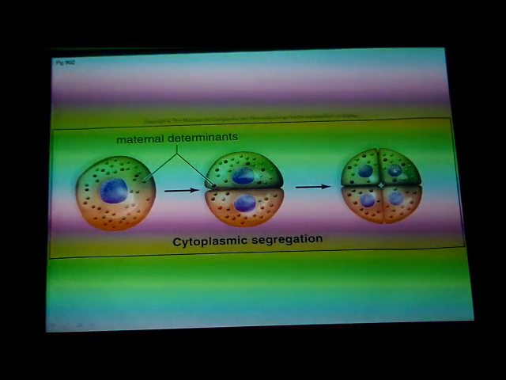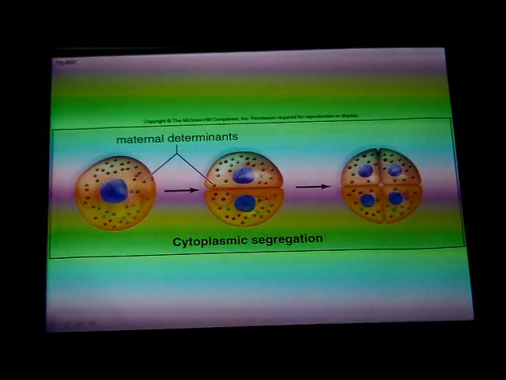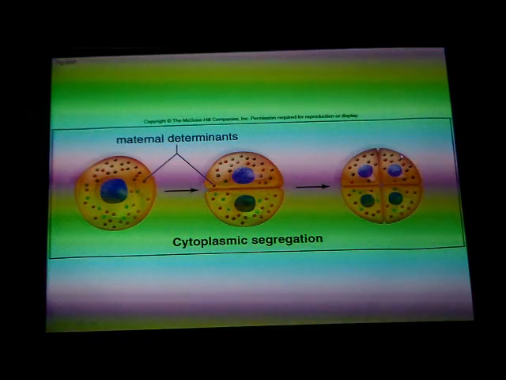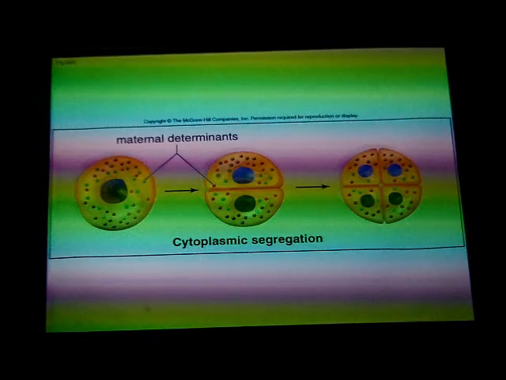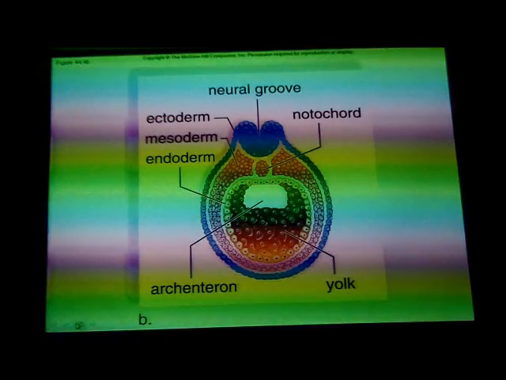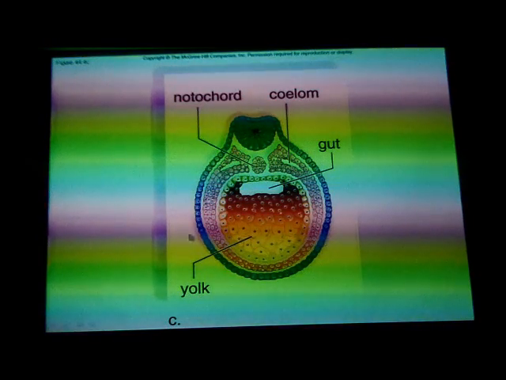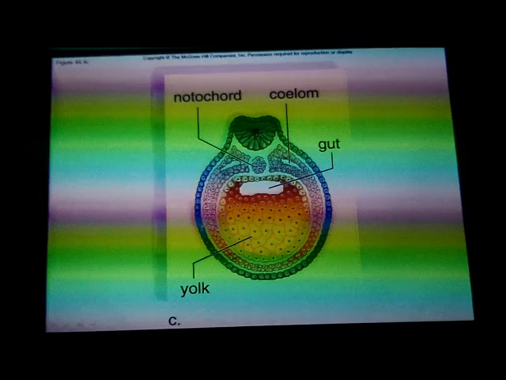Now the cells can also communicate with each other by touch. And this cell is touching that cell. And imagine, let's go back a little bit. We can go back to this point right here. These cells right here are touching one another.